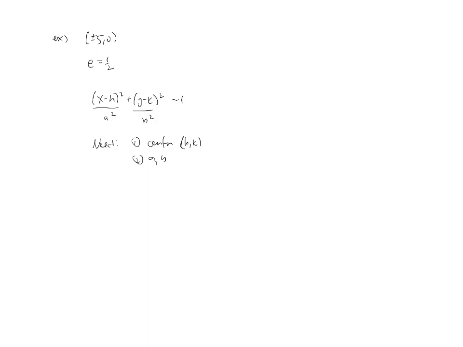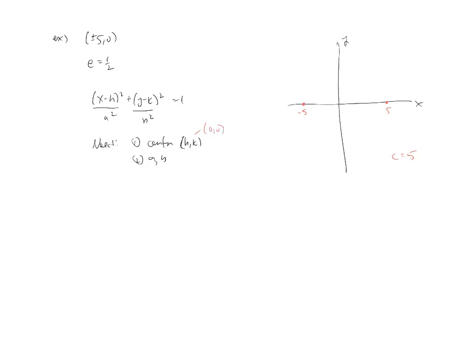Now, from there, I'll go back and draw kind of what I know. The foci being at plus or minus (5, 0) tell me a lot. It tells me the major axis is x, tells me that c is equal to 5. Also tells me the center is (0, 0).